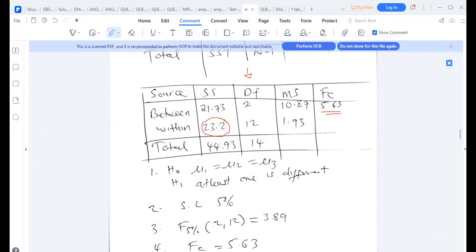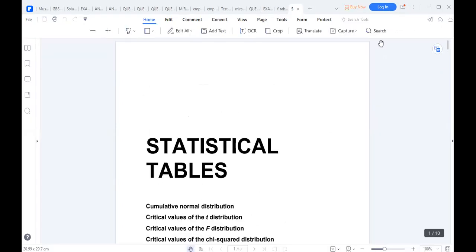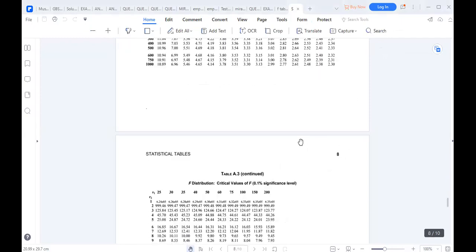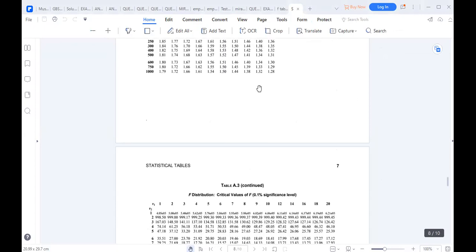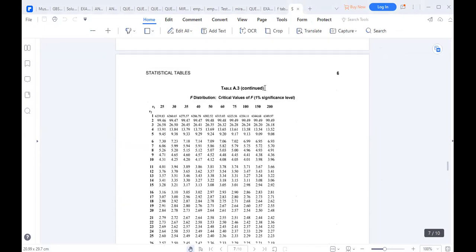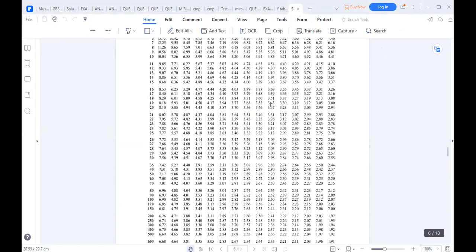Mr. Collins, are you displaying the statistics table? I'm looking for it right now. We use the F table, yes? Yes, we use the F table. F table is the one you use for ANOVA. There's a 0.1 table, a 0.1 table continued, and a 1% table.